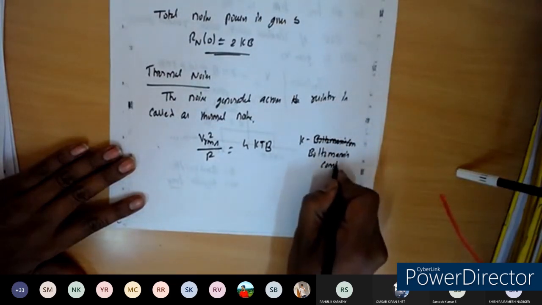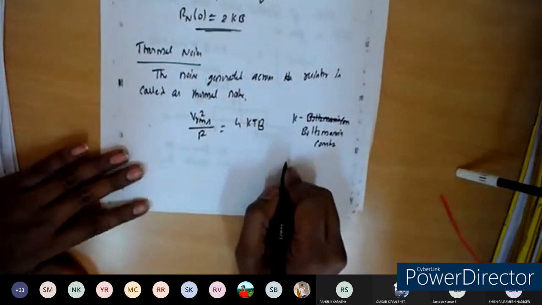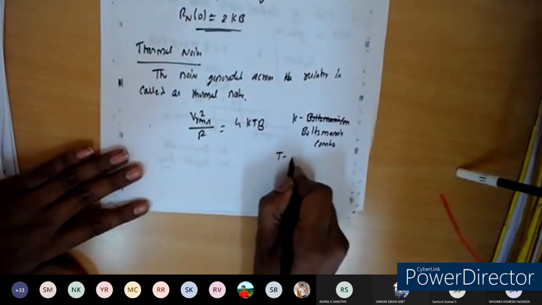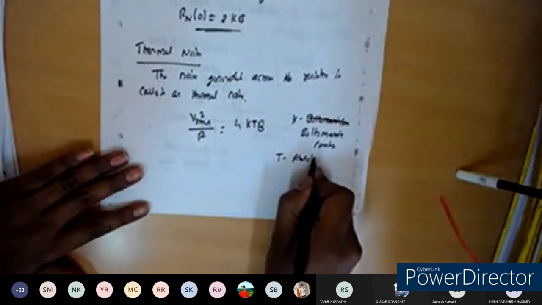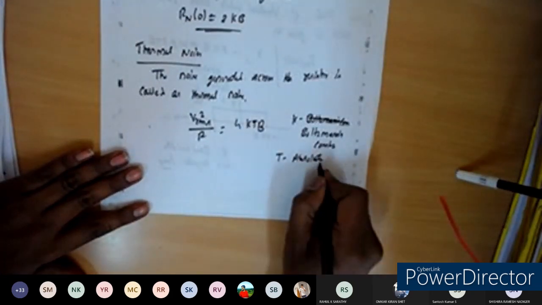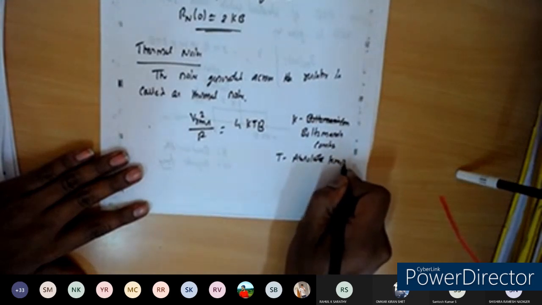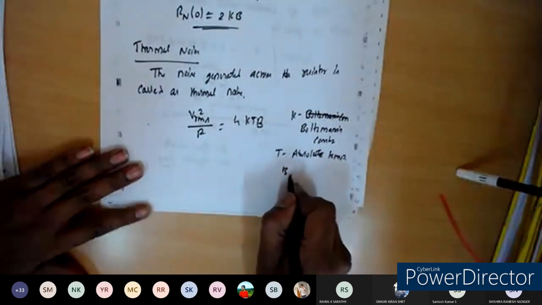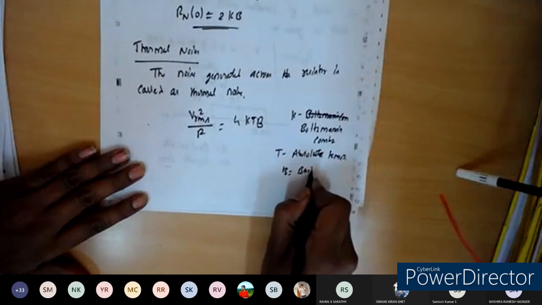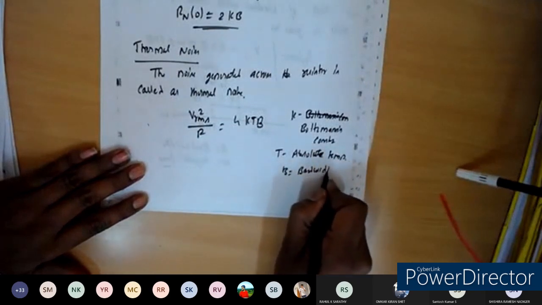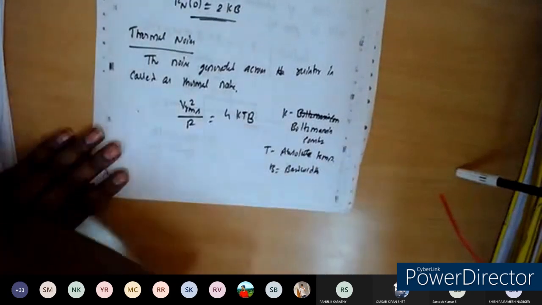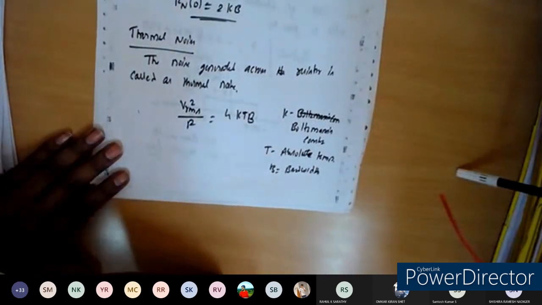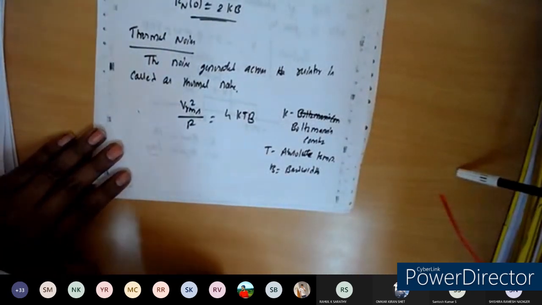T is the absolute temperature across the resistor, and B is the bandwidth.